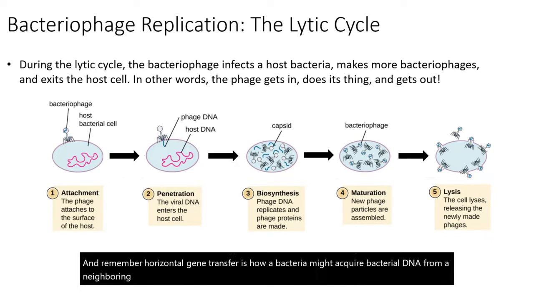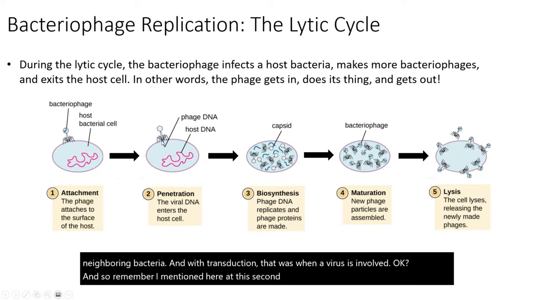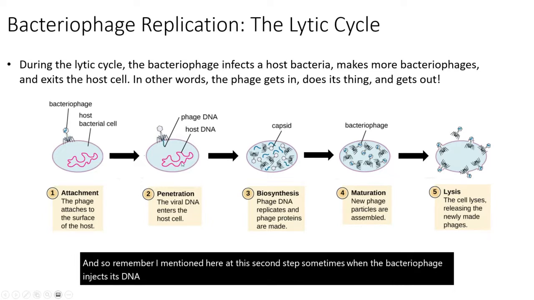And transduction is when a virus is involved. Remember I mentioned at this second step that sometimes when the bacteriophage injects its DNA, it causes the host DNA to get chopped into little bits.